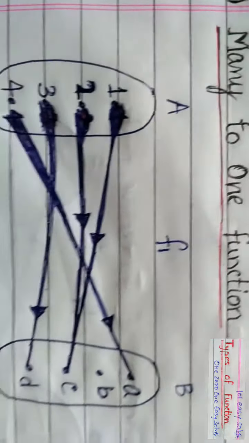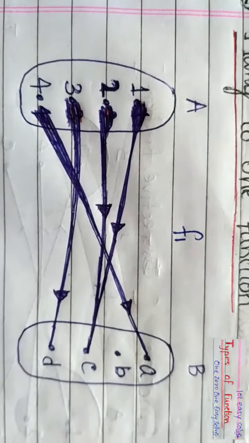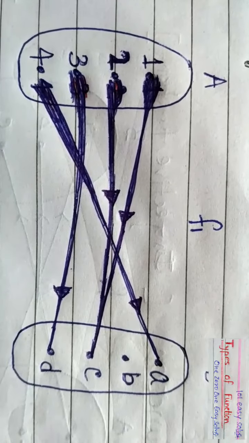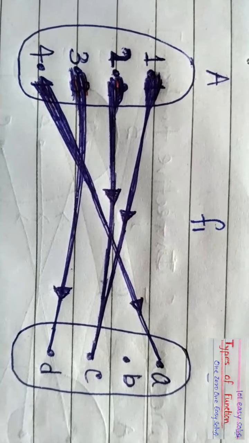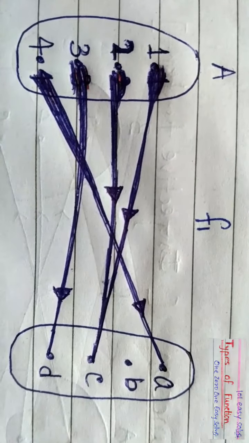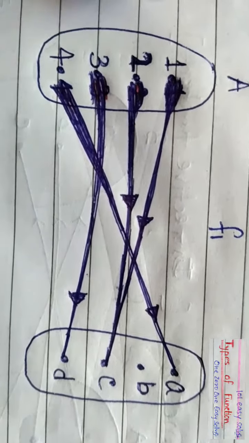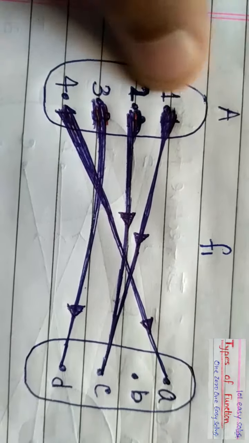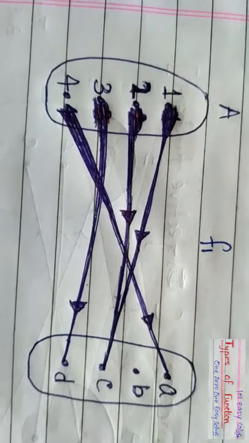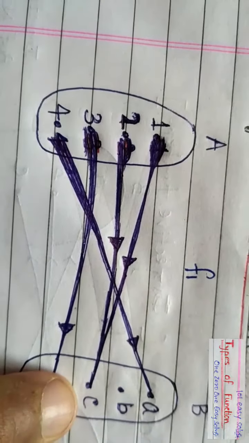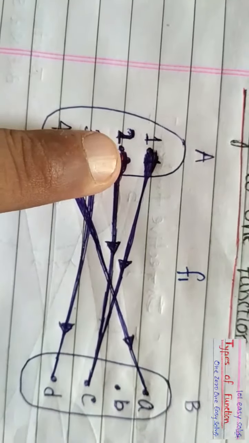So let us see the function first, f1. There is a function between set A to B. So 1, 2, 3, 4 are the elements of set A, and A, B, C, D are the elements of B. Here you see 1 and 2, the elements of set A, have the same image, C. So C is the image for 1 and 2.